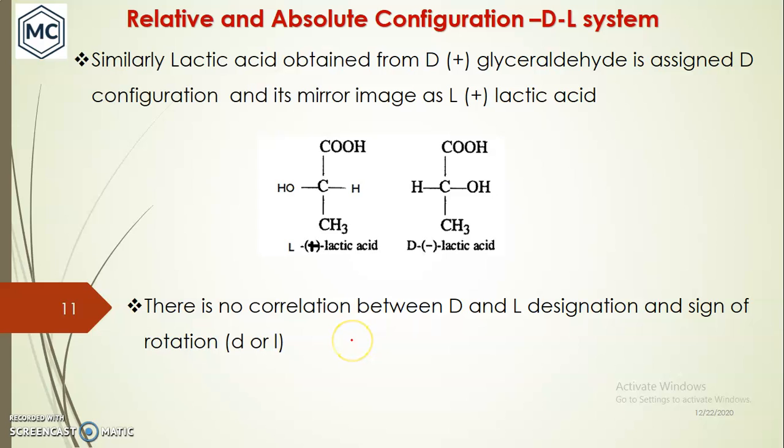So just understand that there is no correlation between DL and the sign of rotation, small d or l or plus or minus. This capital D and L is different from small d or l or plus or minus.